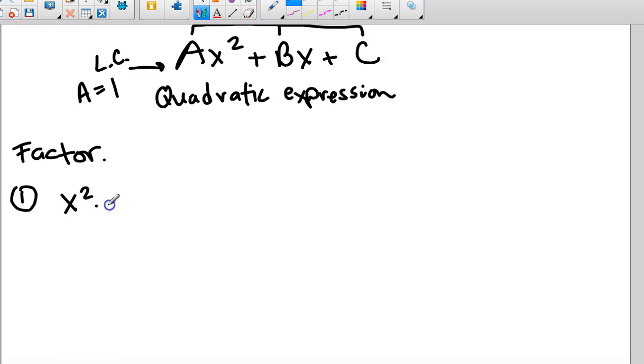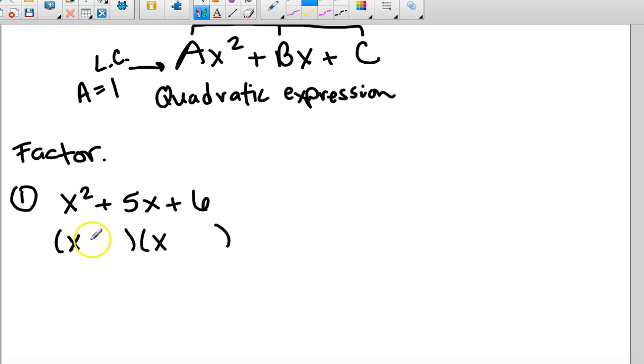I have x to the second plus 5x plus 6. I want to factor that. Keep in mind, I have x to the second, which means when I factor this, I'm going to have 2 x's. The way we normally set these up is we have our 2 parentheses. So we're going to split up the x's, 1 x here and 1 x here.